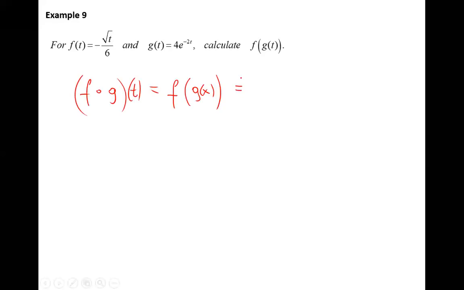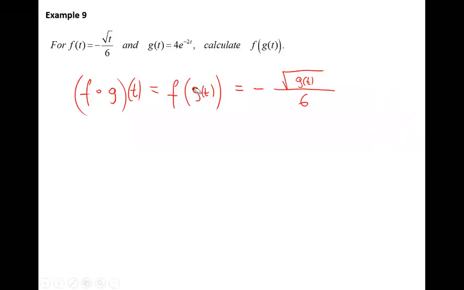Let's try. My function f, the outer, f of, oh, I should actually put t. Why did I put x? My function f of t is defined as negative square root of t over 6, but now I don't want a t. I would like to put g of t.